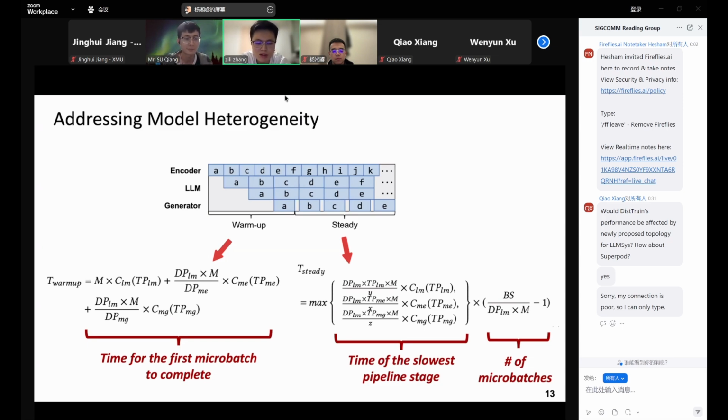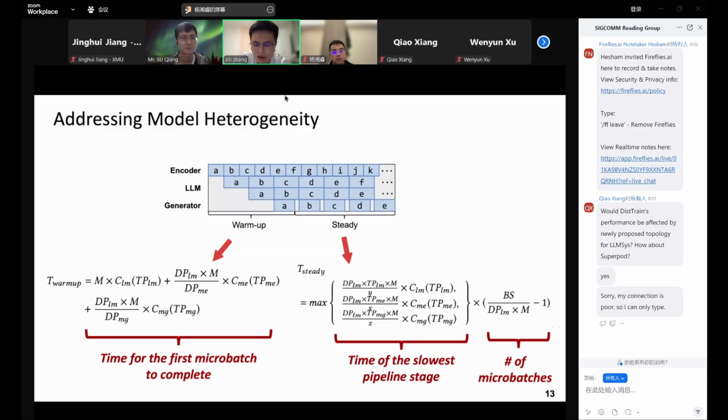You may have heard of DeepSeek's EPLB, and recently they published LPLB. They target this scenario. The LLM may be constructed from homogeneous transformers, so model heterogeneity may not exist, but there exists data heterogeneity.